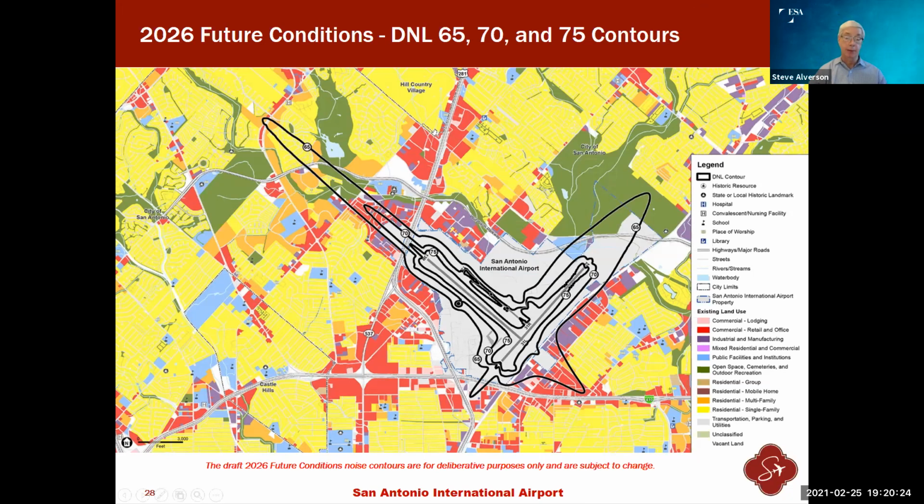And so that does happen. In this case, as I mentioned, there won't be any additional sound insulation work based on where the contours are located, and therefore there won't be any rounding of these contours.